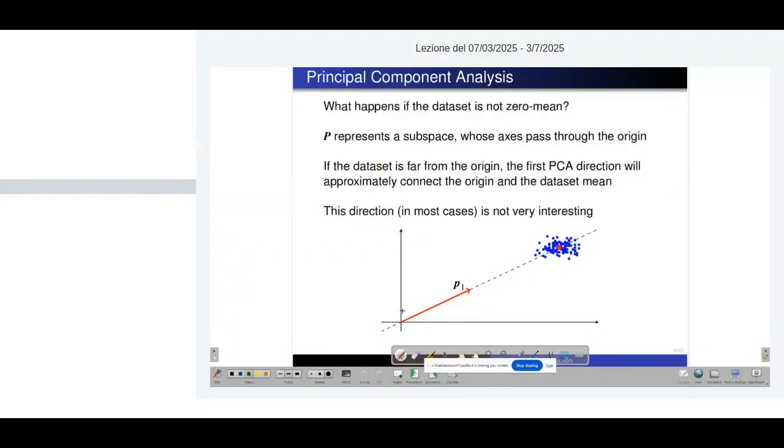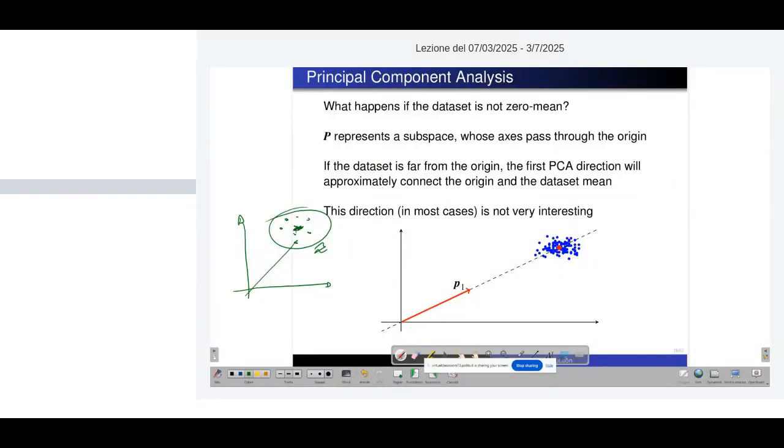Now, we need to pay some attention to what happens if we apply this problem to data sets that are non-zero mean. We said we don't need to assume the data is centered, but if we apply this approach to data that is non-centered, what happens is that typically the first leading eigenvector will somewhat point towards the mean of the data.